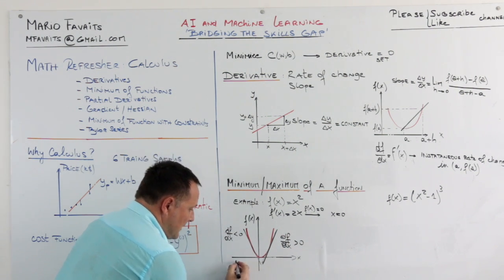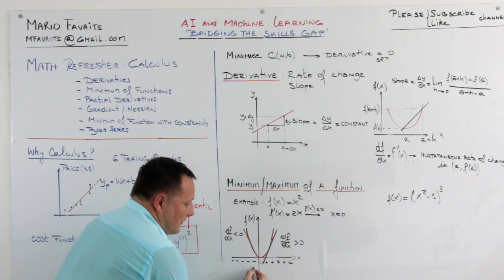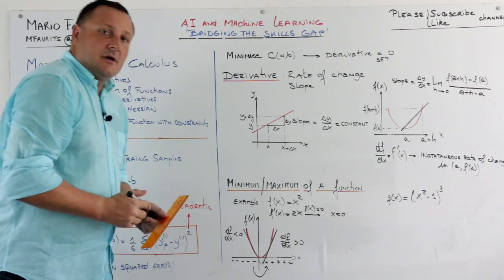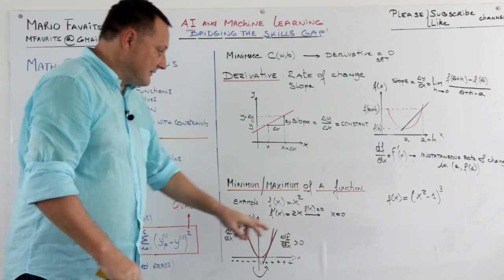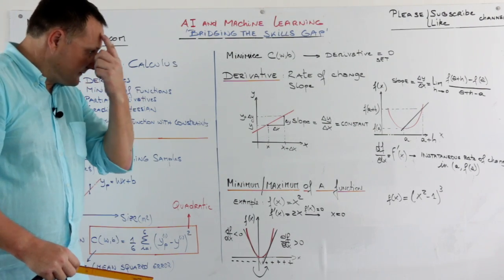So here your slope is negative, here your slope is positive. So you go from negative to positive, which proves that x equals 0 is a minimum. It's just as simple as that.